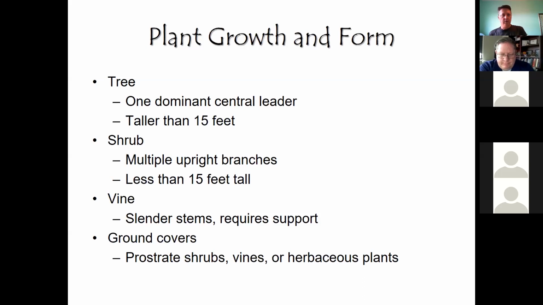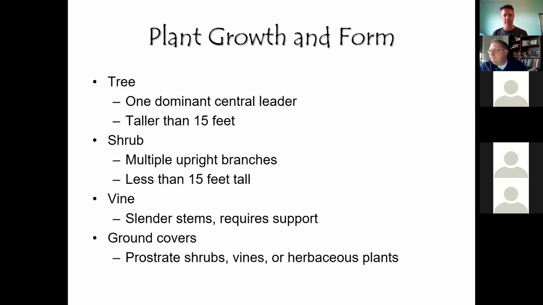Then there are also woody vines and ground covers. And there are actually a lot of woody plants like trees that are ground covers now, prostrate shrubs. I mean, you can even get Scotch pine. There's a variety of Scotch pine that basically doesn't really get above about 1 to 2 feet tall. So it's just kind of this ground cover type of plant.